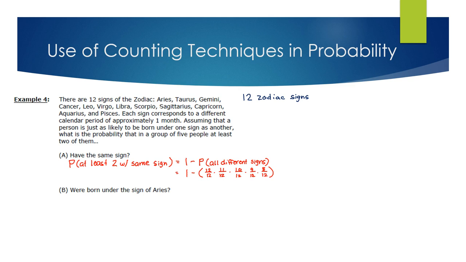And then 10 out of 12, because now 2 of the signs have been picked, and it's all the way down the line. If I do 1 minus that, I get about 0.6181. So even though I'm just choosing 5 people at random, I have about a 61.81% chance that at least 2 of them have the same zodiac sign.